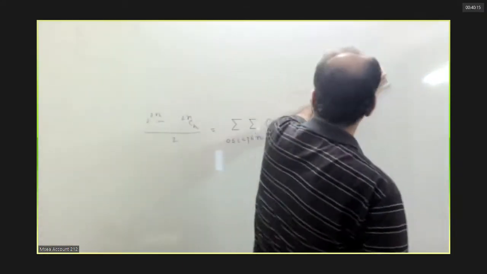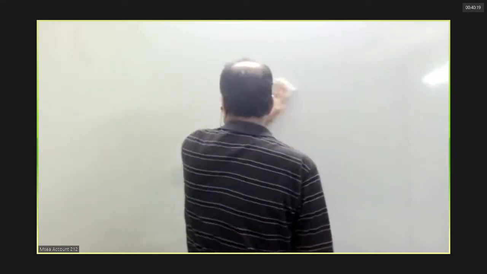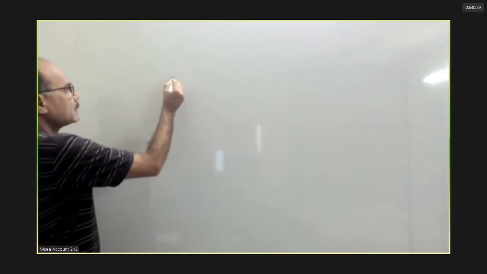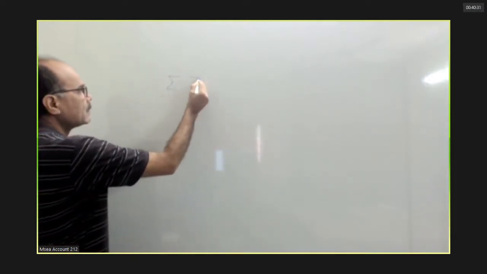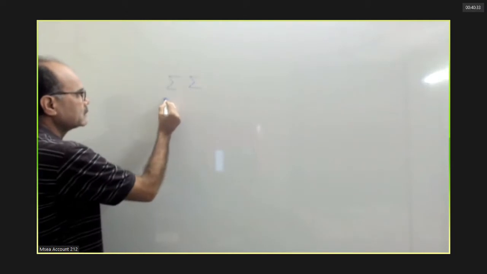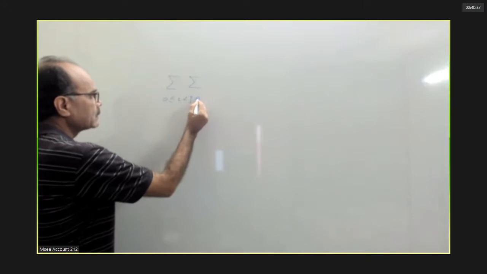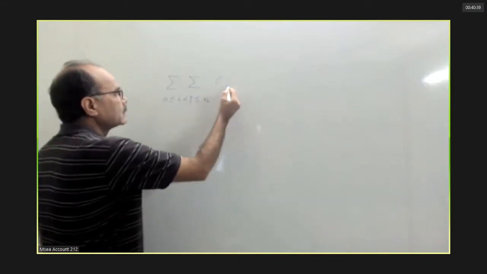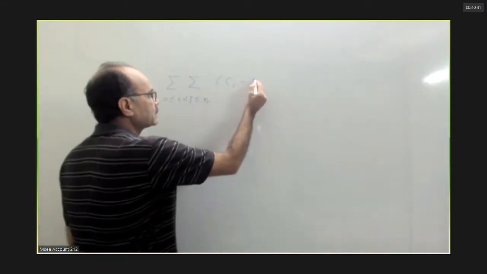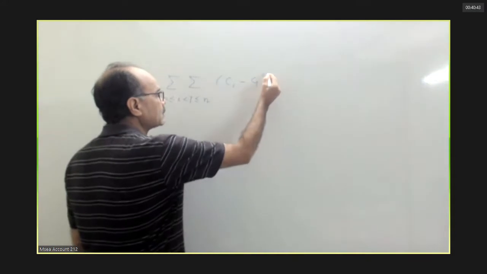Based on the same thing, calculate the value of the summation of (Ci minus Cj) whole square, where 0 ≤ i < j ≤ n.